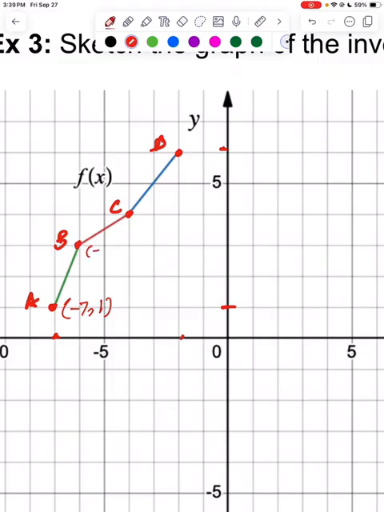The coordinates of C are negative 4, 4. The coordinates of D are negative 2, 6. Now in the inverse function, we will reverse them. So the point negative 2, 6 will become 6, negative 2. So where will that be?